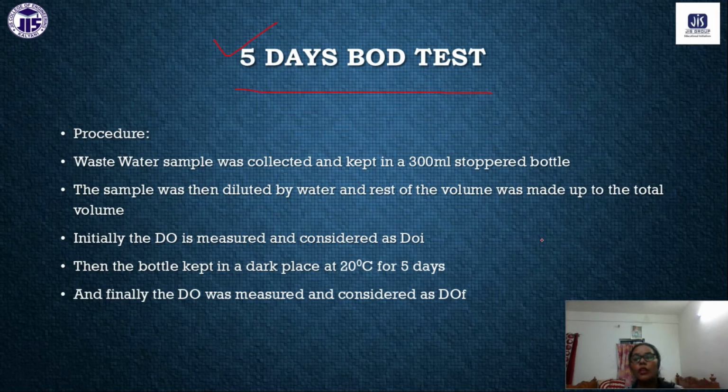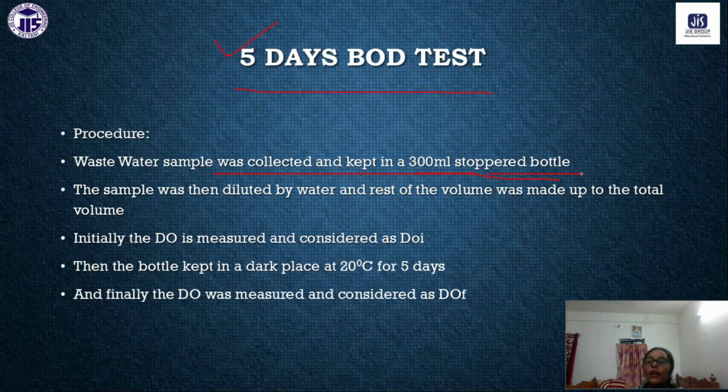What we have to do, first of all, is collect the wastewater and keep it in a 300 ml stoppered bottle. Why a stoppered bottle? This reaction takes place with the help of dissolved oxygen.